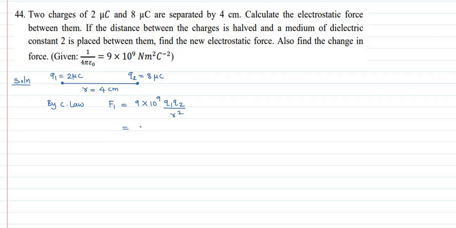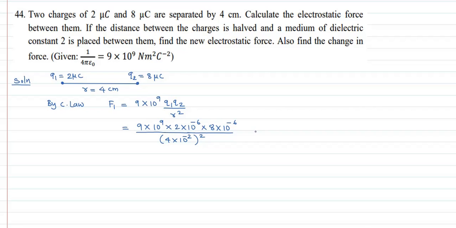If I substitute the values, 9 into 10 raised to 9 into Q1, which is 2 into 10 raised to minus 6, Q2 is 8 into 10 raised to minus 6, whole divided by R square. R is in centimeters, so 4 into 10 raised to minus 2 meters bracket square.